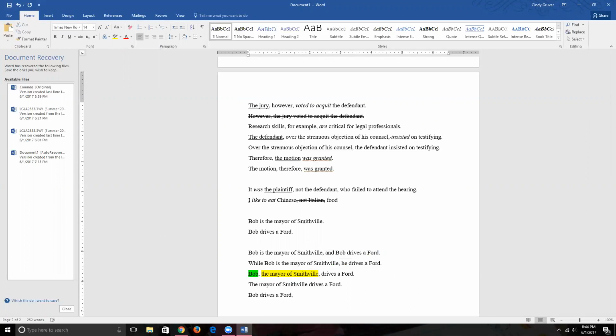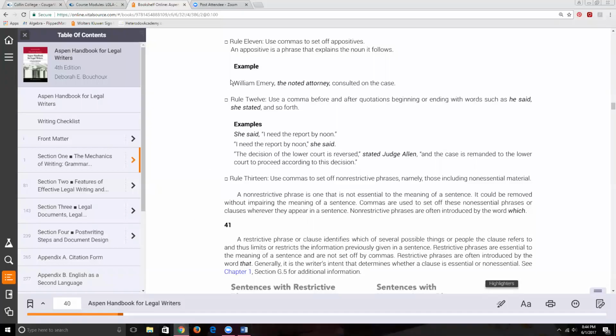They're identical statements because Bob is the mayor of Smithville, and the mayor of Smithville is Bob. So when you define this term or redescribe it with another noun, in this case the noun mayor, we call that an appositive, and this is a very, very common thing to do in English. Let's look at the example we have and play around with this one.